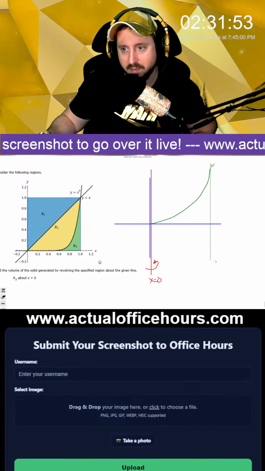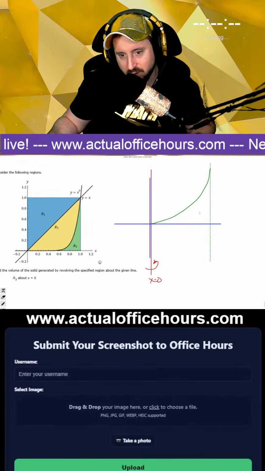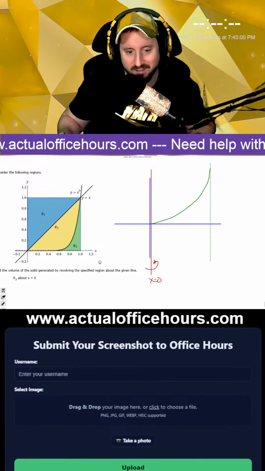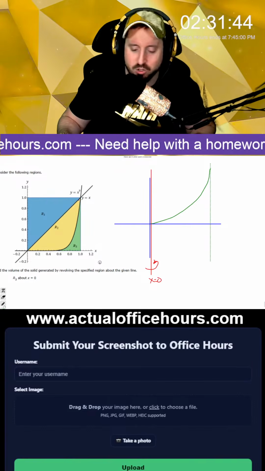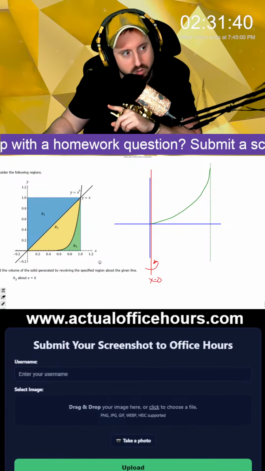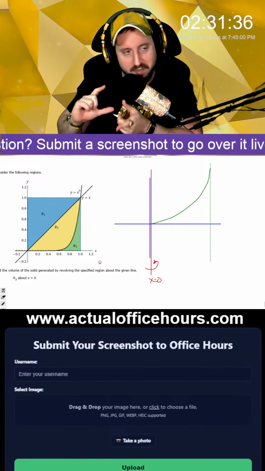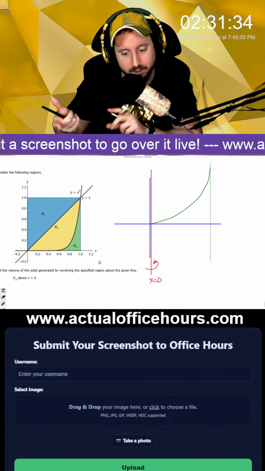You could use the shell method. I think I'm going to use... dude, I hate the shell method. But we're learning washers right now. I haven't gone to shell yet. The only difference between using shells and washers is that the shell method enables you to rewrite the integral in terms of a different variable.